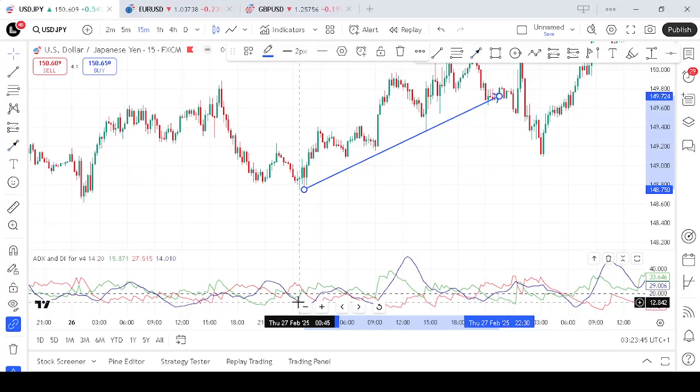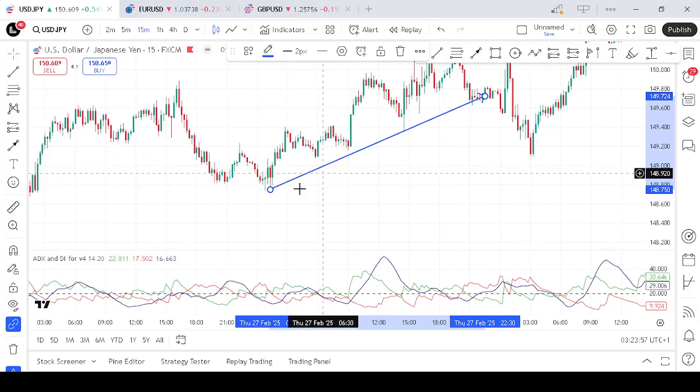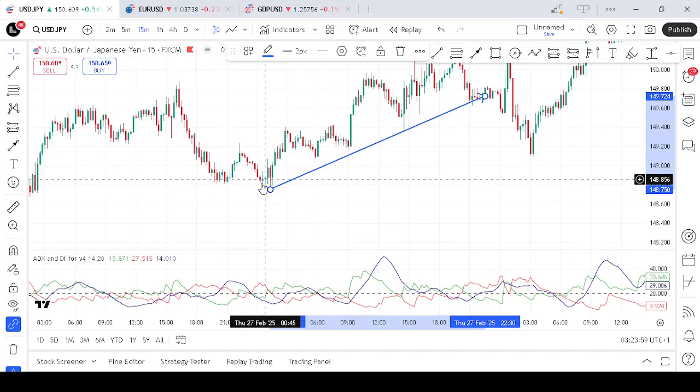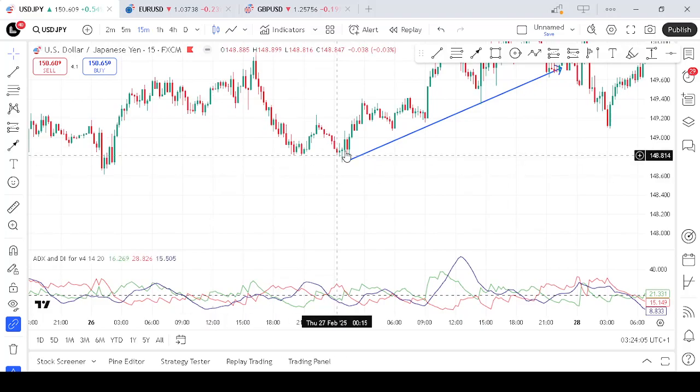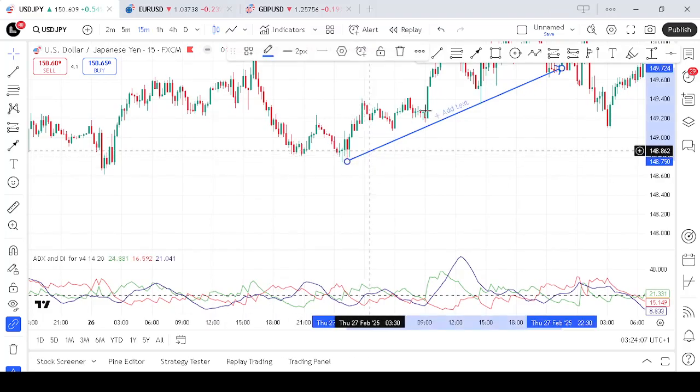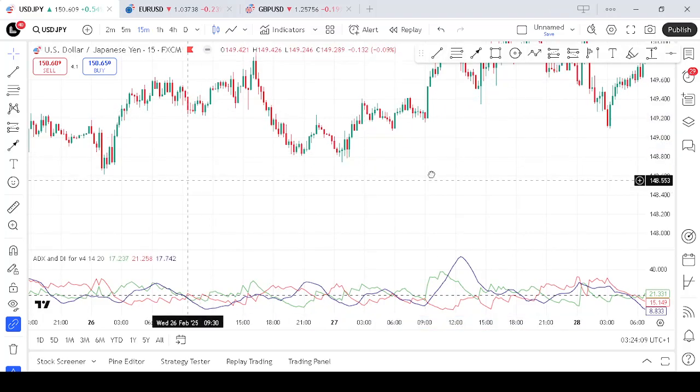If we notice here, we can see the positive line crossed over the negative DI line, and it shows that we are looking for buying opportunities at this particular area. That's an example for a bullish scenario. Let's look at a bearish scenario.